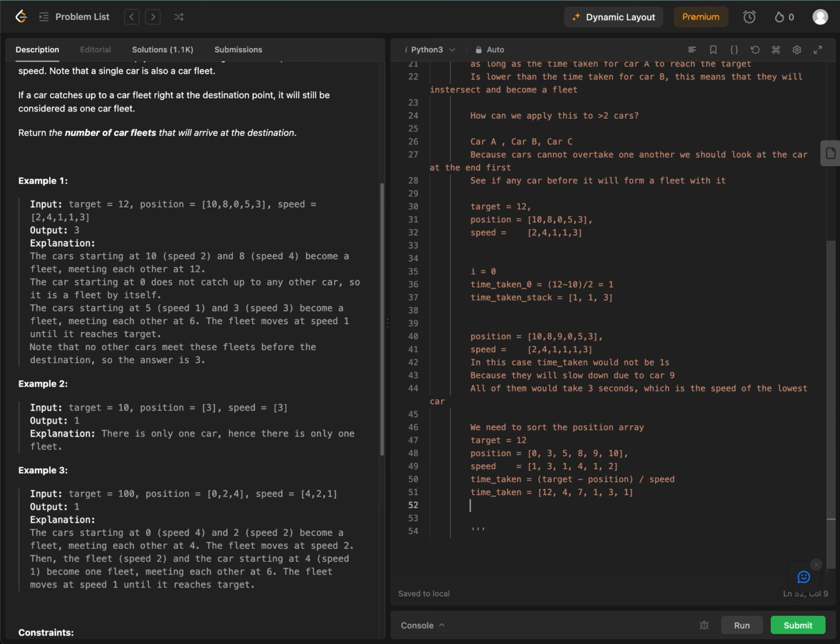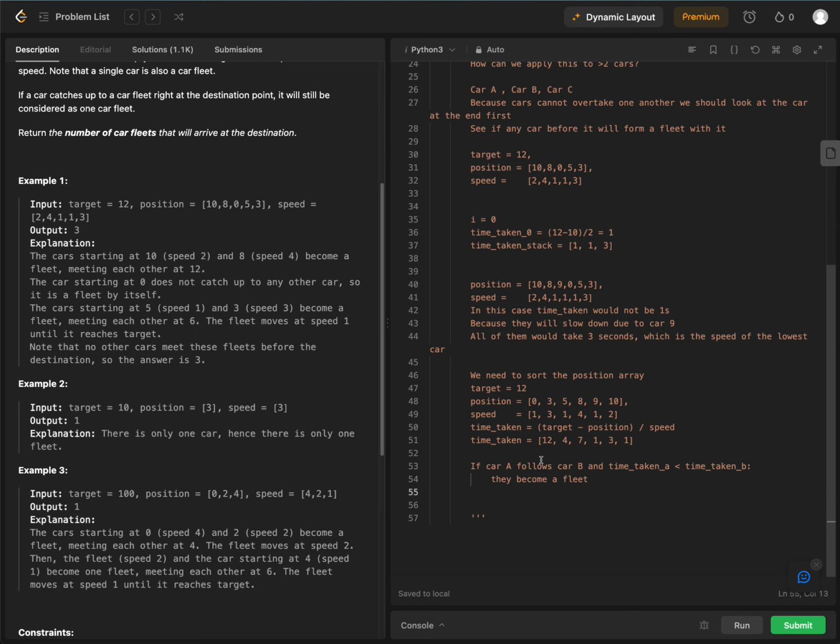If car A follows car B and time taken A is less than time taken B, they become a fleet, right? So again, now we're looking at this.